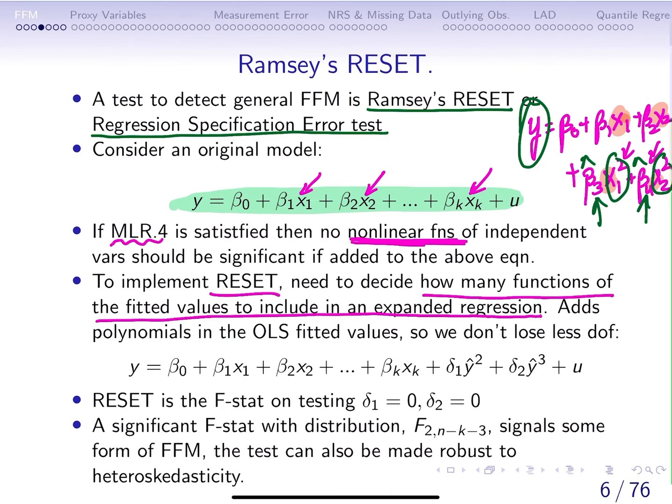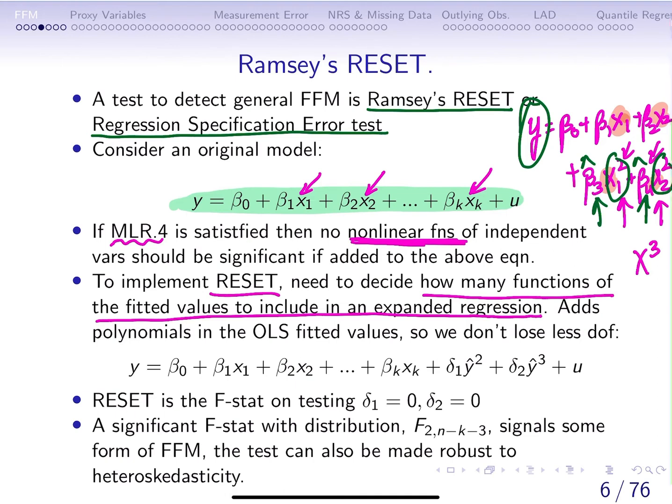Do you want to incorporate just quadratic terms, or also cubic or other higher order polynomials? Typically, quadratics are sufficient, but I'm going to show you an example where we test for quadratic as well as cubic.